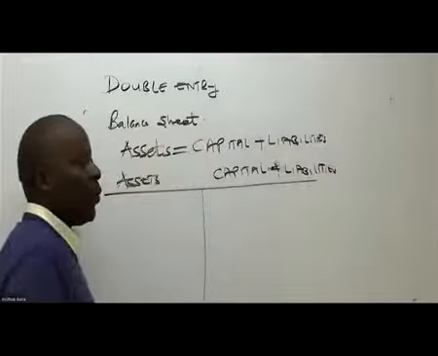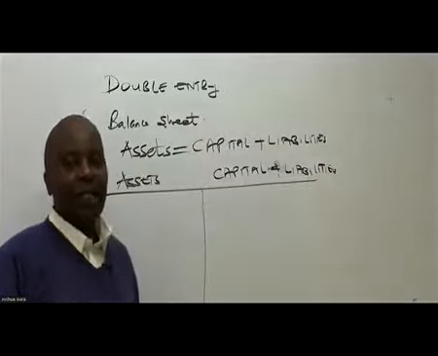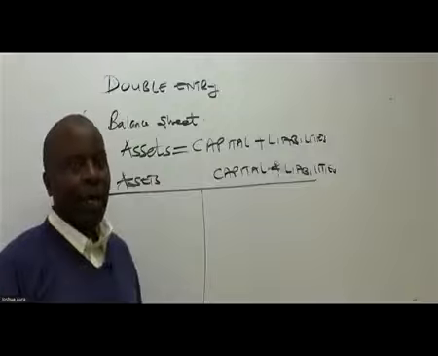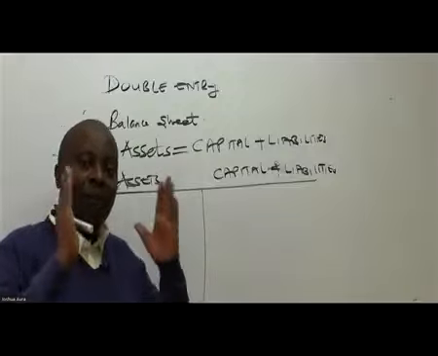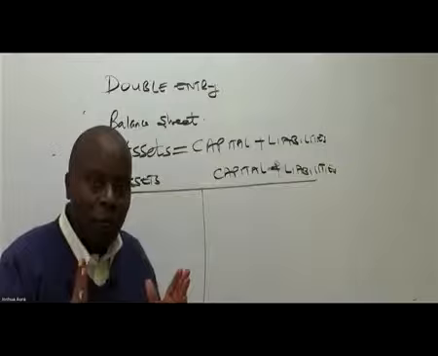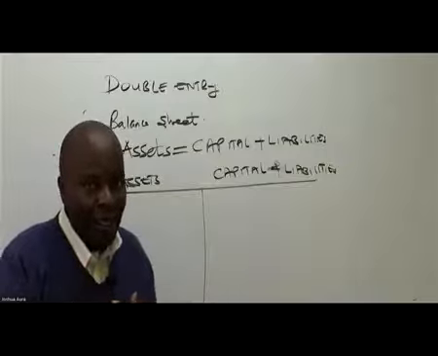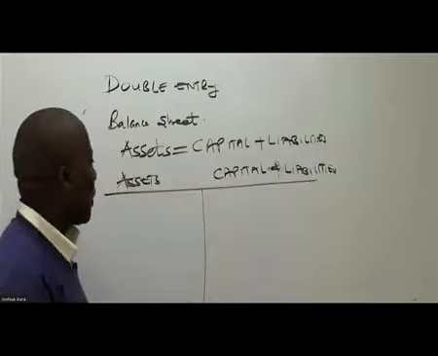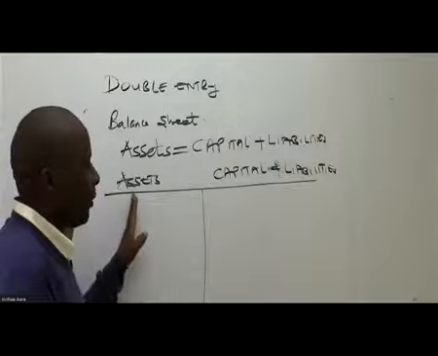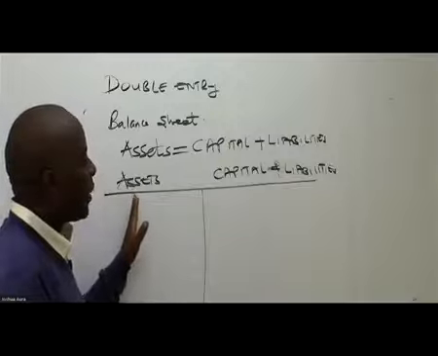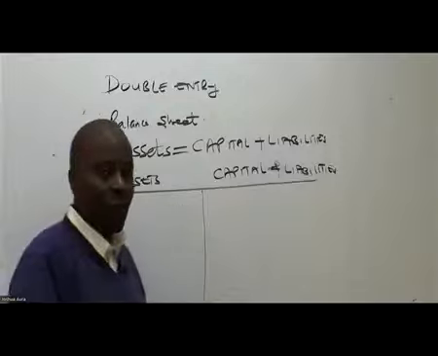So anytime we procured an asset, for example a motor vehicle, which is our asset, we would put it here. And then we'd ask ourselves, how was this asset financed?